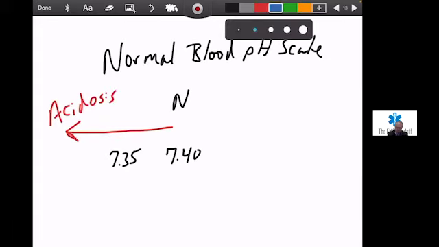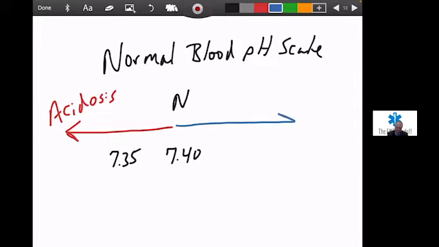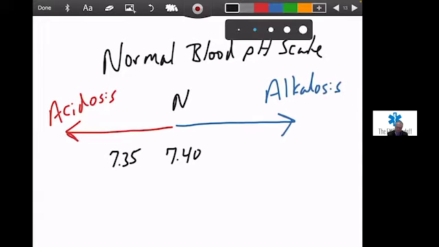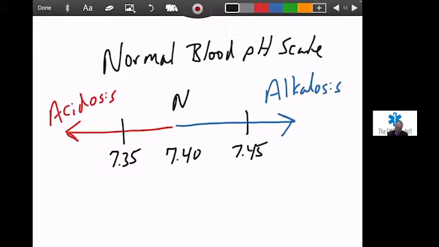If we go this way, then we're dealing with alkalosis, once we get above that 7.45 range. So in between here is our normal range, with 7.40 being our midpoint.